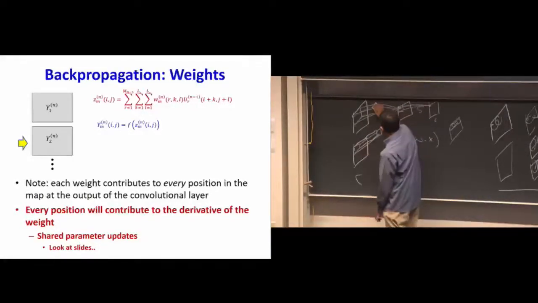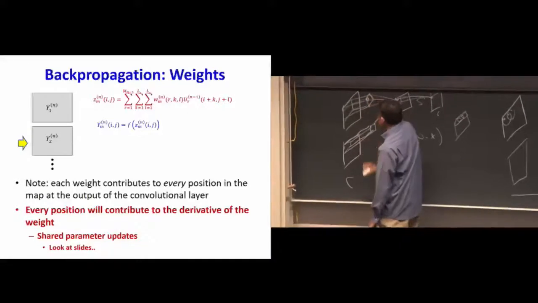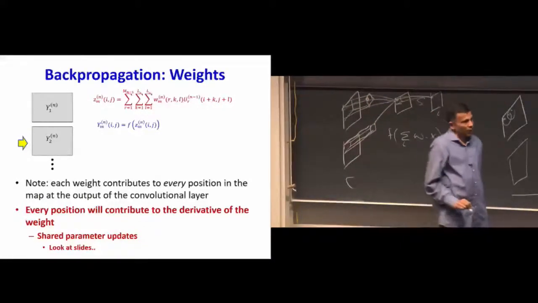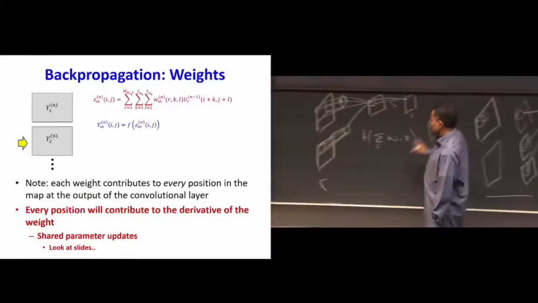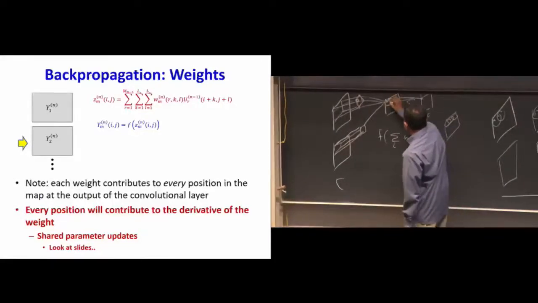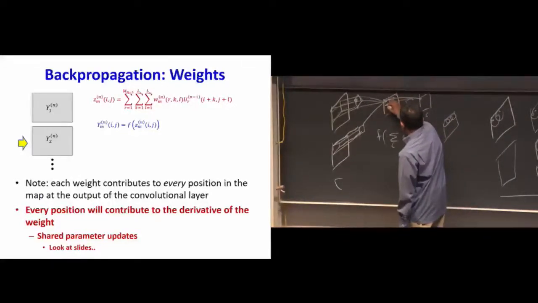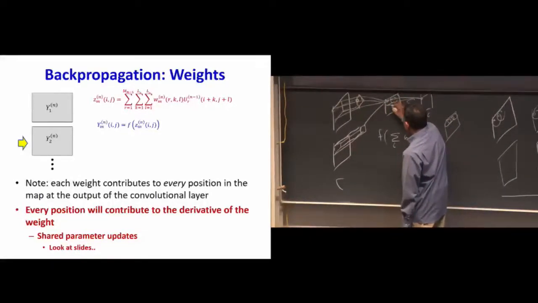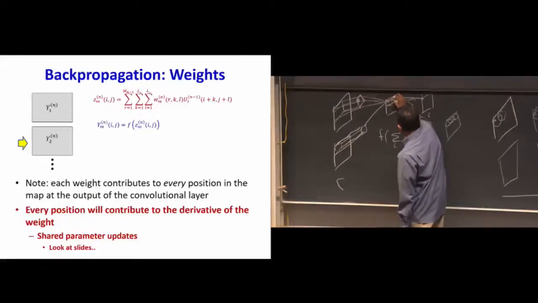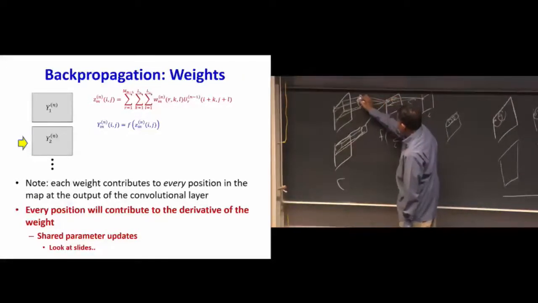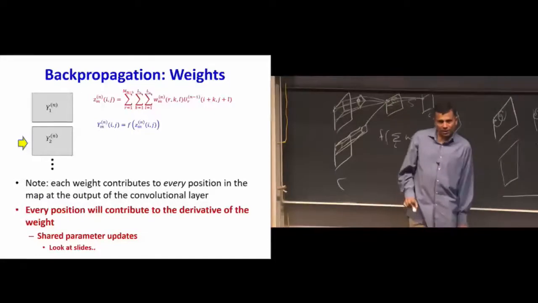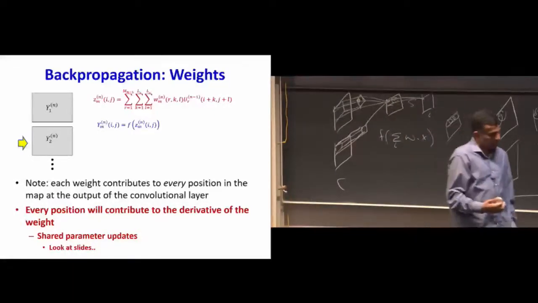So if I want to compute the derivative of the divergence with respect to this one weight, I have to compute the derivative of the divergence with respect to every position in this map, and then compute the derivative from here to this corresponding weight, and then add them all up.